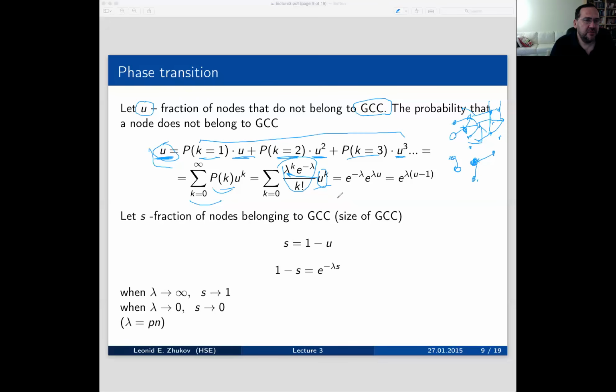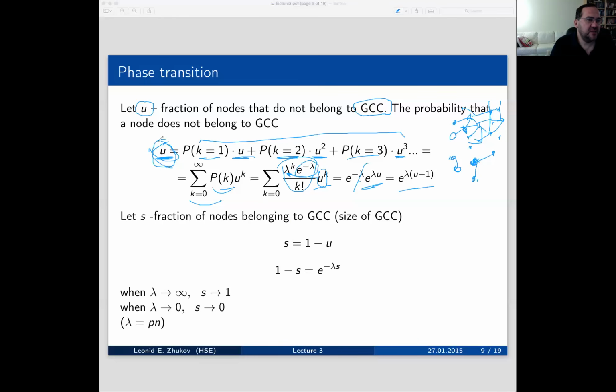By doing so, we take e to the minus lambda power, pull it out of the sum, and what remains within the summation is just the exponent with lambda u. This is a Taylor expansion for an exponent. And you multiply them through, you get this.